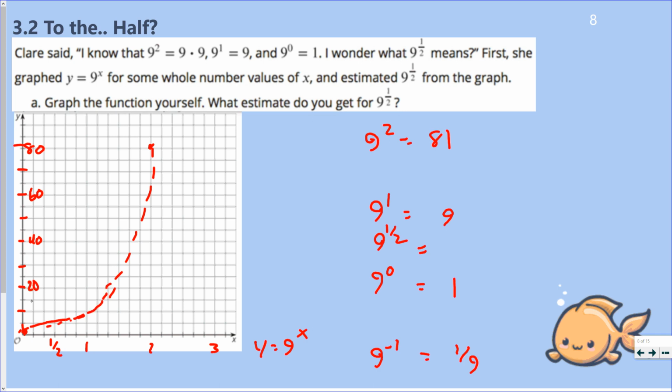I know it's not the greatest, but we can Desmos this in a bit. It's kind of hard to do this with the stylus, I admit. But what we try to do is estimate what we get for 9 to the 1/2 power. Well, if you look at where that line goes, right?